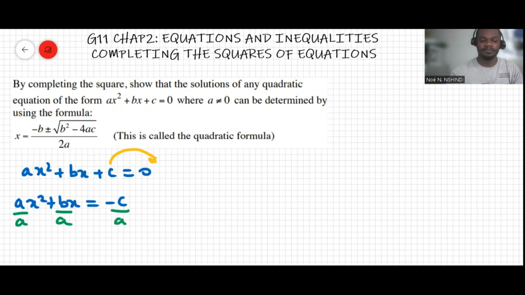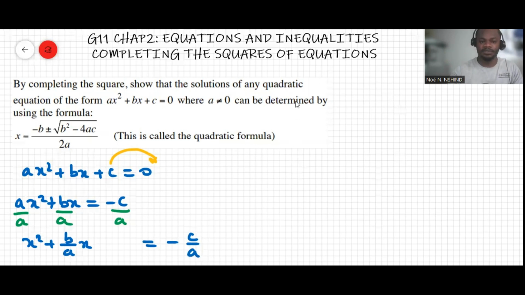And then this will be x squared plus b over a x equal to -c over a. I'll leave this space for good reason.